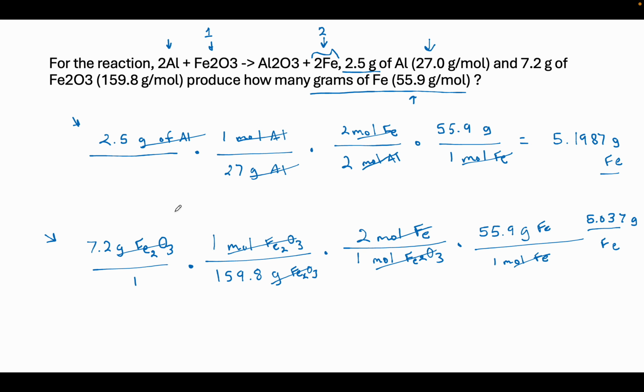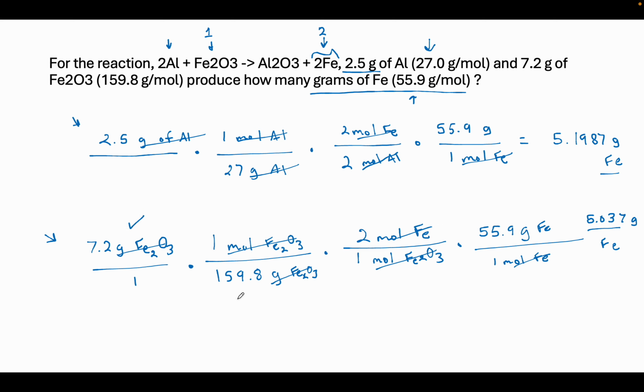Looking at it, we got 55.9 times 2 over 159.8. So A is the correct one because they got 7.2. Okay, there you go, check.